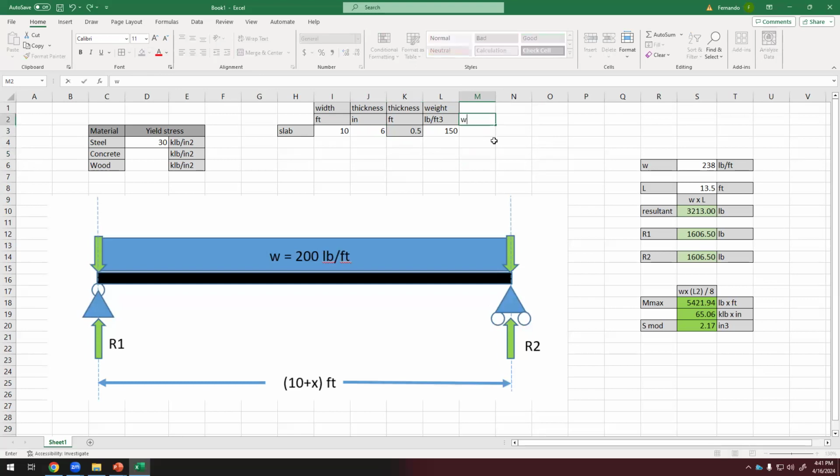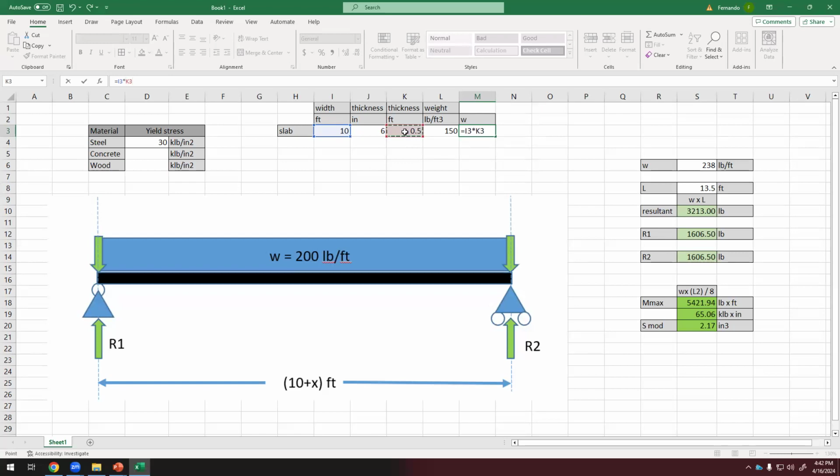So what am I taking from here? I'm taking W. In this W, it's the weight times, because the weight is pounds per cubic feet, I have to multiply times the thickness times the width. So the W equals the width times the thickness in feet, not in inches.